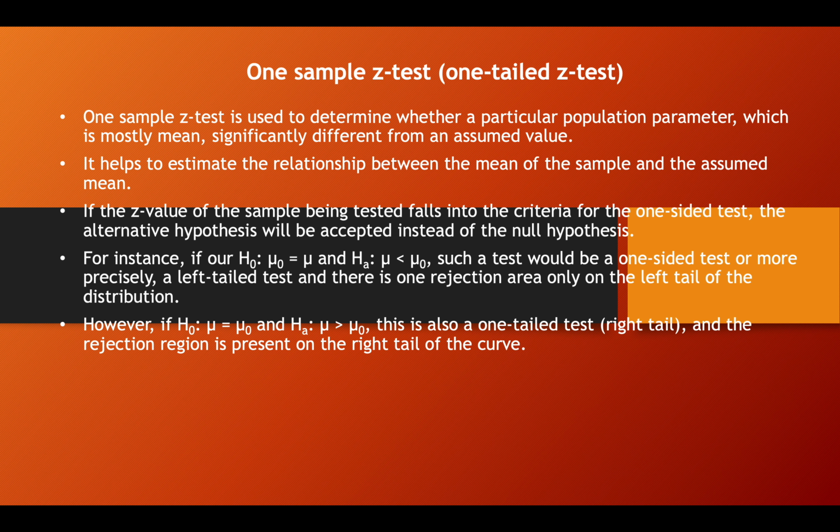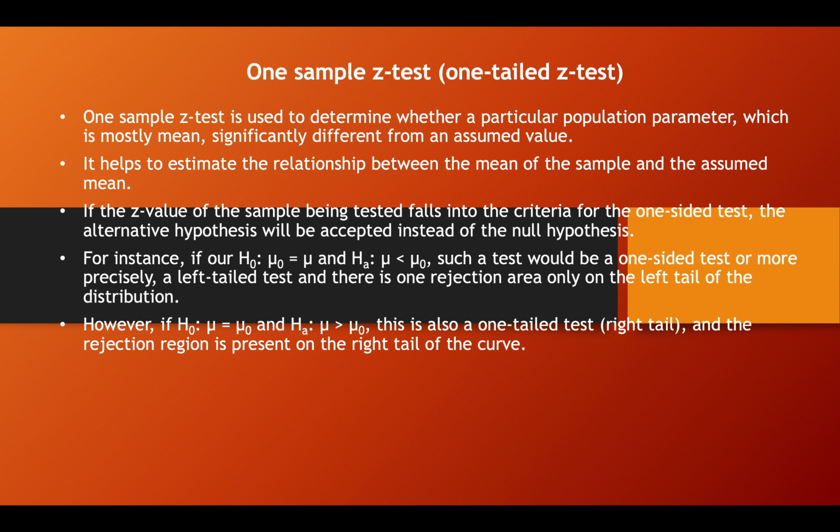Based on the alternative hypothesis, a one-sided z test can be either a left side z test or a right side z test. For instance, if H0: mu equals mu naught and Ha: mu is lower than mu naught, such a test would be a one-sided test, or more precisely a left tail test, and there is one rejection area, only on the left tail of the distribution.